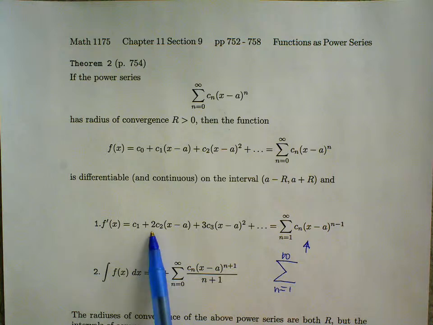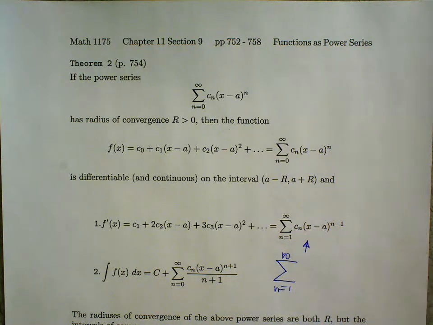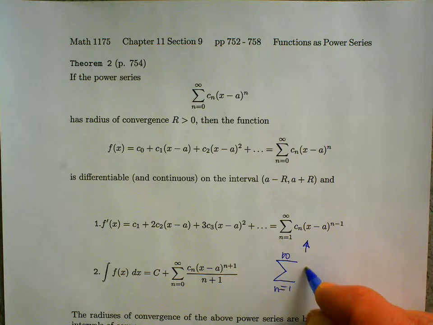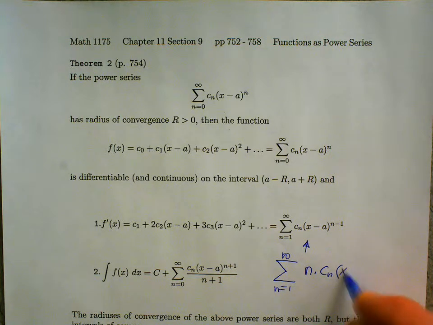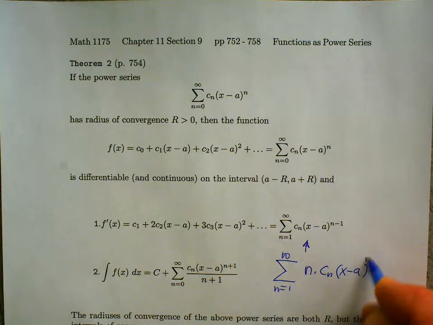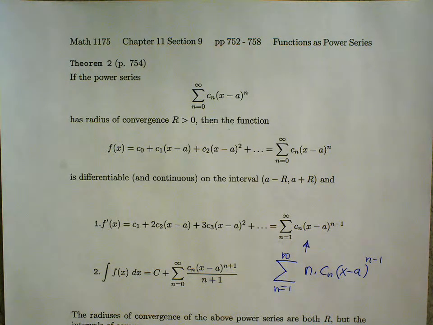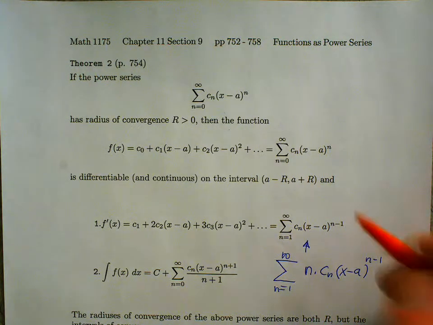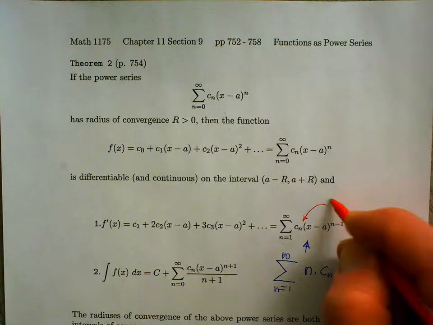When n is 2, we have 2 times c sub 2. So I need n times c sub n times x minus a to the n minus 1. So we need an n there.